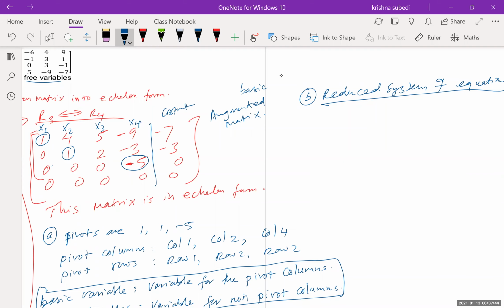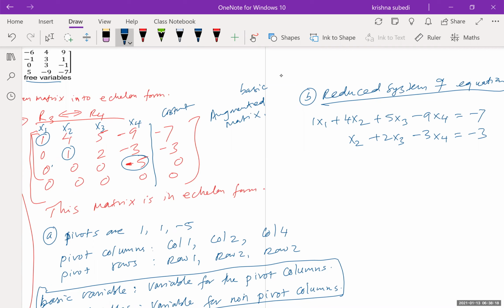So we know that 1x1 plus 4x2 plus 5x3 minus 9x4 equals -7. That's the first row, so from the first row we got the first equation. Now the second one, 0x1, I don't have to write that. So 1x2 plus 2x3 minus 3x4 equals -3.